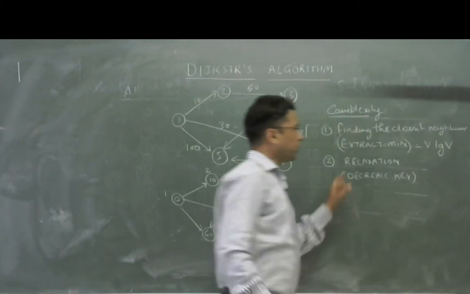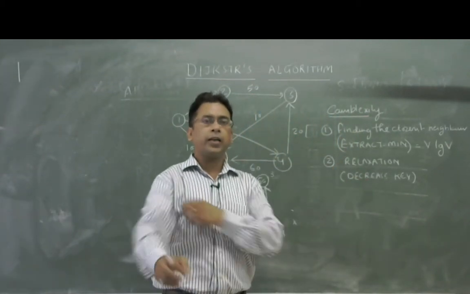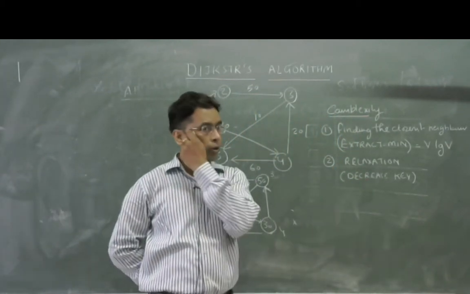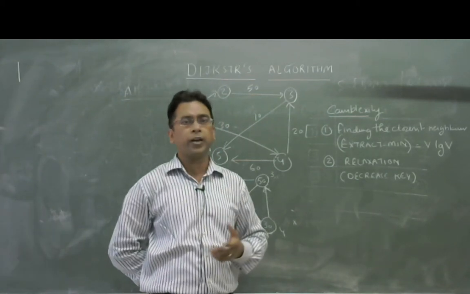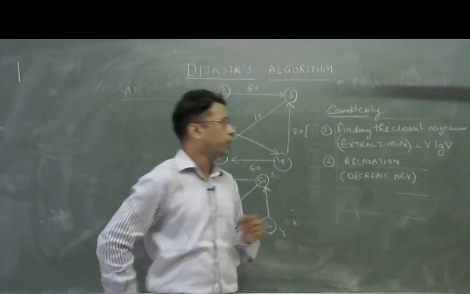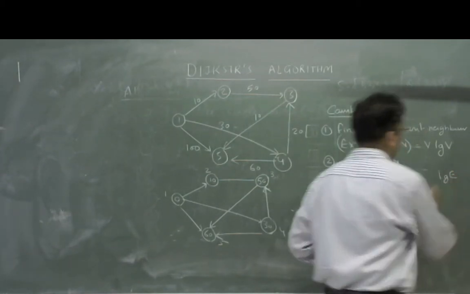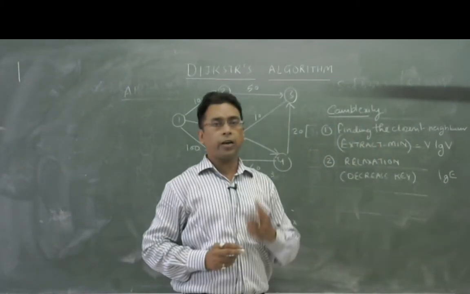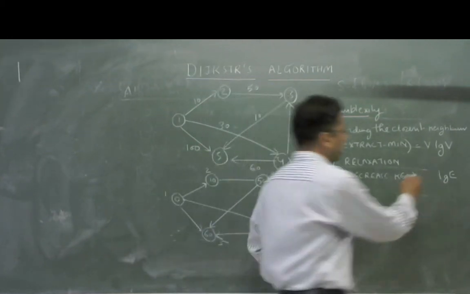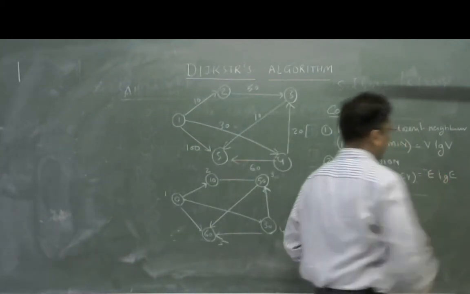Okay. Now the relaxation. Since relaxation depends upon the number of edges, if you are using the binary heap, it will take log e time, and we are performing it for every edge, so it will take e log e time, right?